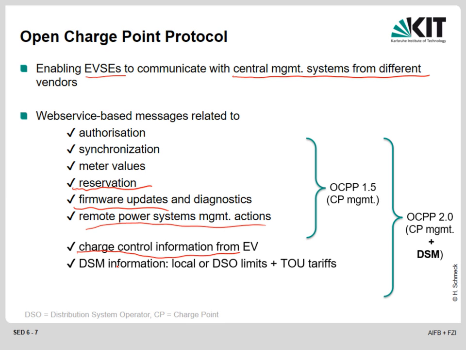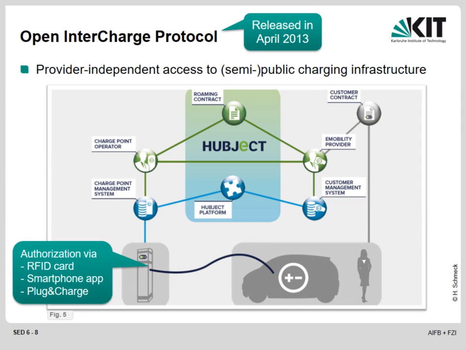And you also need information from the distribution system operator. There may be some limits on the power at which you can recharge the battery. There are the tariffs, and this information has to be communicated to the charging station and to the vehicle, and then they come up with a charging process for that vehicle.